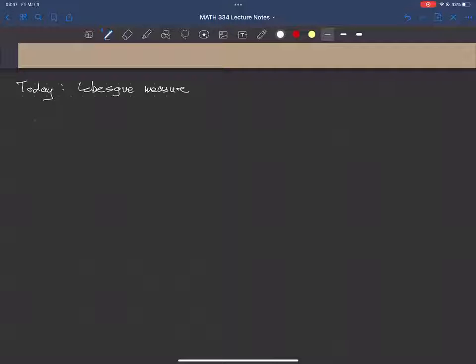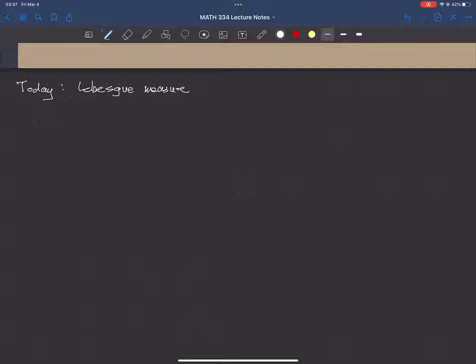So therefore, what it will do is you give me a subset of R, and I'll tell you what its Lebesgue measure is. And there's lots of natural ways of framing questions which lead to an answer, the Lebesgue measure.